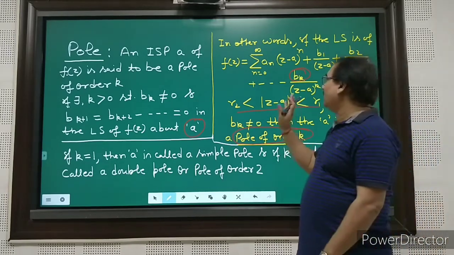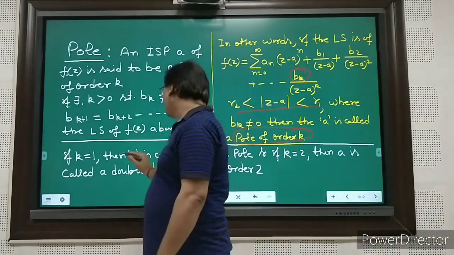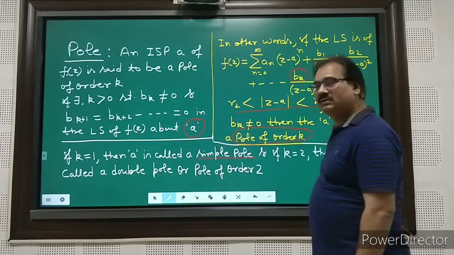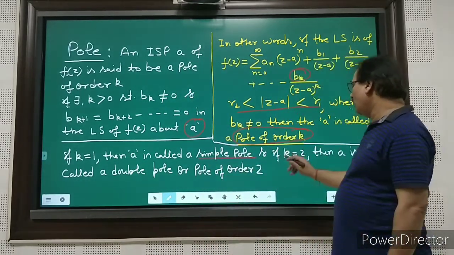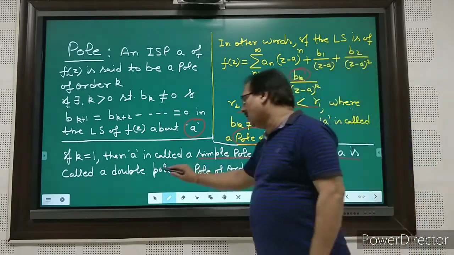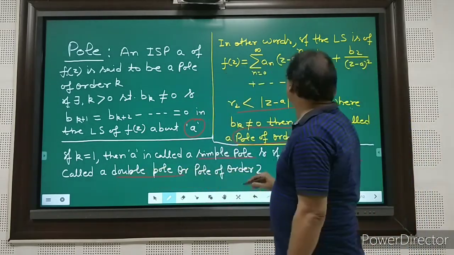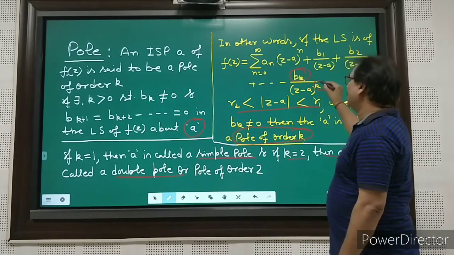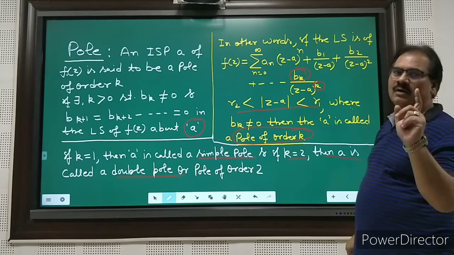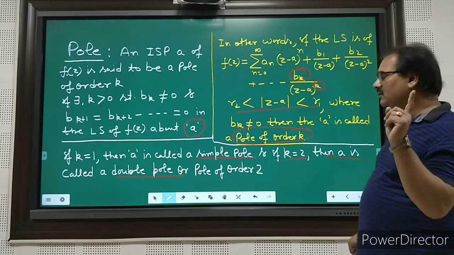If k is 1, then a is called a simple pole, and if k is 2, then a is called a double pole. We will look at particular examples.